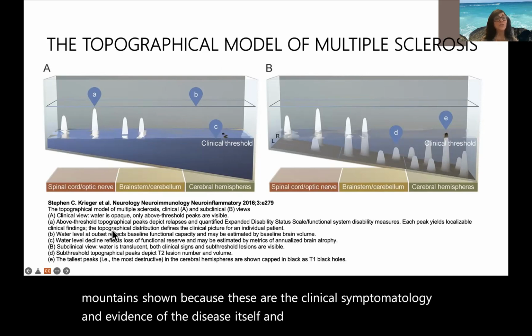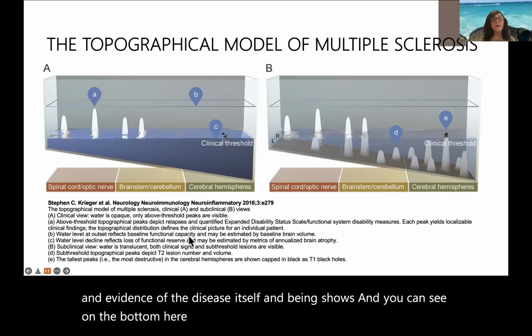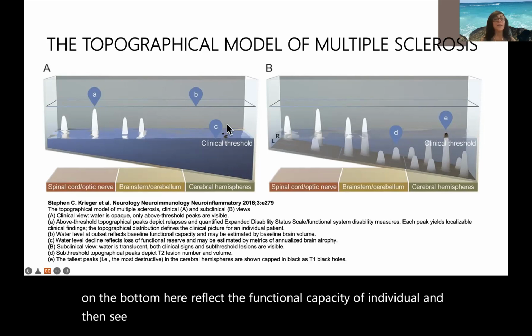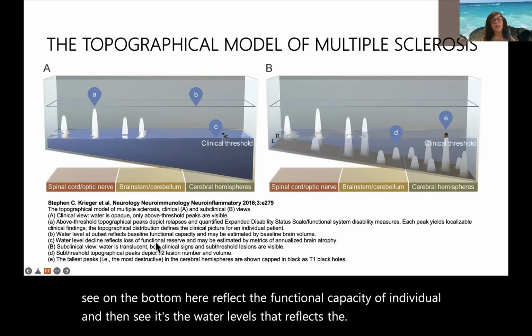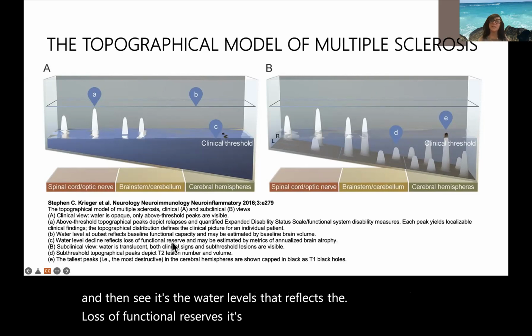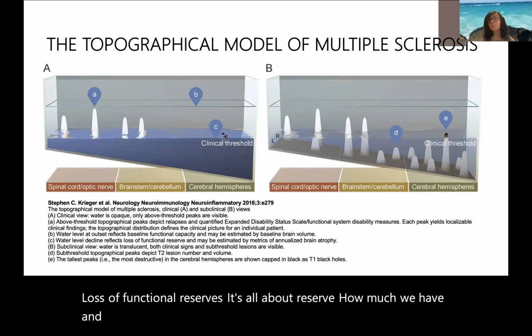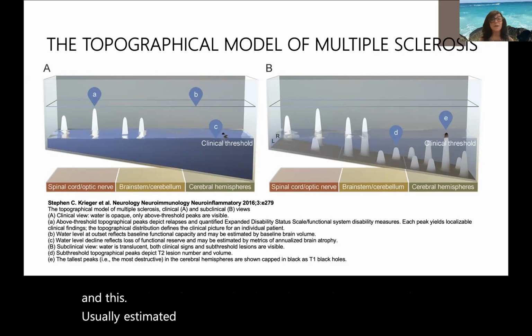And B shows, at the bottom here, the functional capacity of the individual, and then C is the water level that reflects the loss of functional reserves. It's all about reserve, how much we have, and this is usually estimated by brain volume metrics.